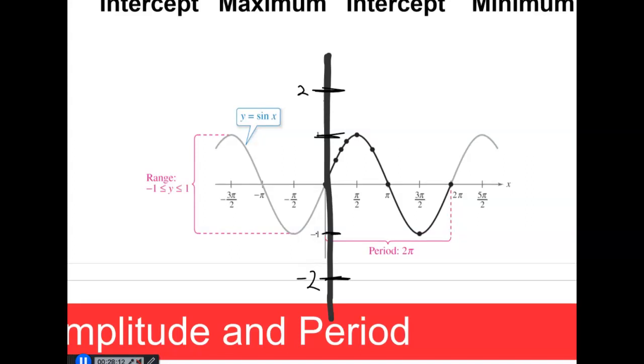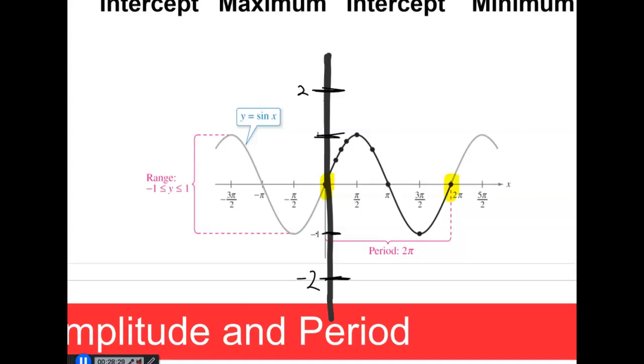Okay. So let's do this. What we're going to do first is find those 5 key points. From the parent function, the 5 key points for sine were 3 x-intercepts. And I want to do something with you guys.